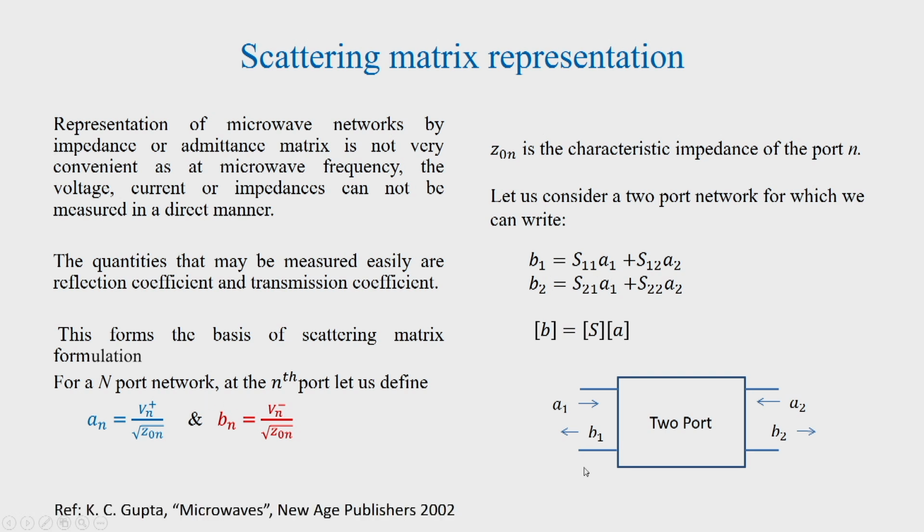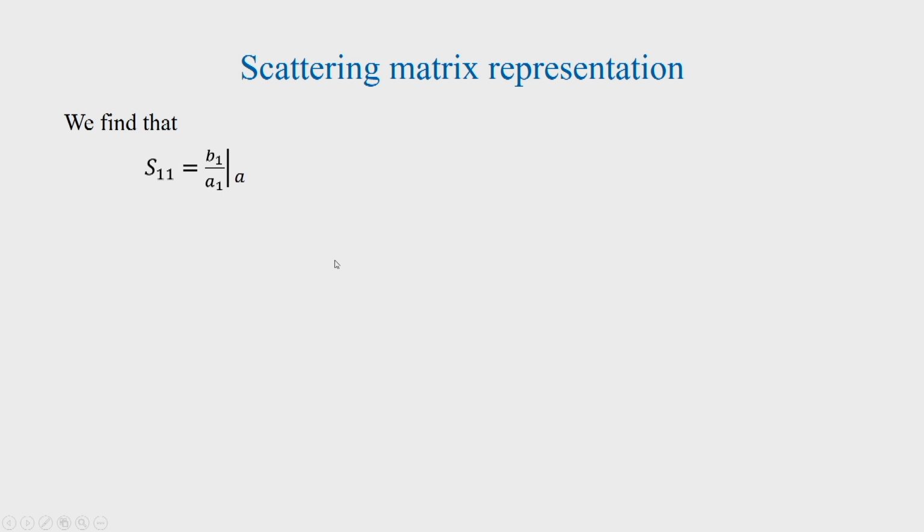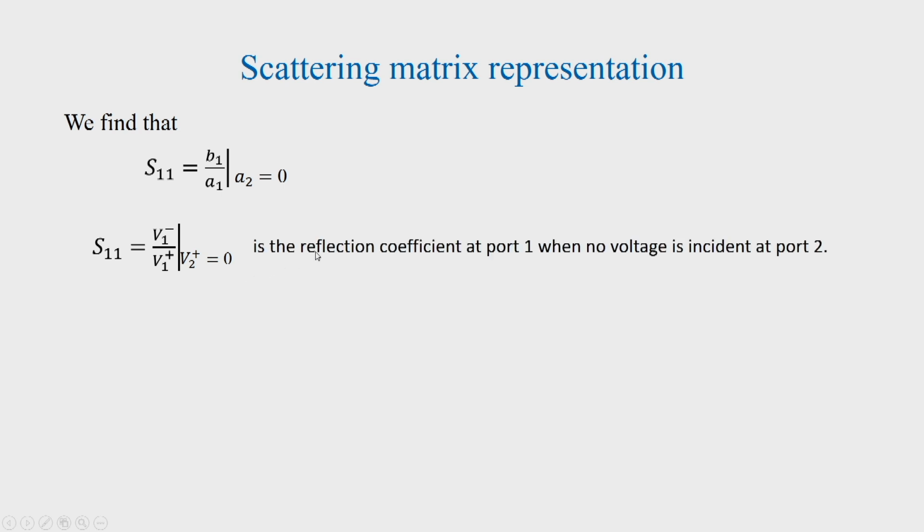Now, we find that S 11 is actually B 1 by A 1 when A 2 equals 0, and therefore, it represents V 1 minus by V 1 plus at port 1 when V 2 plus is equal to 0, and this is essentially the reflection coefficient at port 1 when no voltage is incident at port 2.